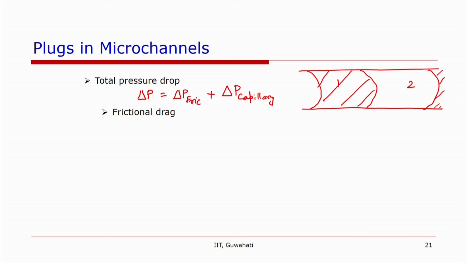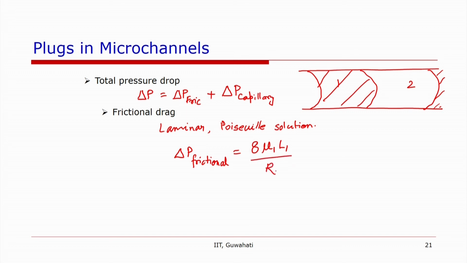So the frictional pressure drop, if we assume the flow to be laminar and use Poiseuille solution, then we have delta P friction is equal to 8 mu 1 L 1 by r squared plus 8 mu 2 L2 by r squared.